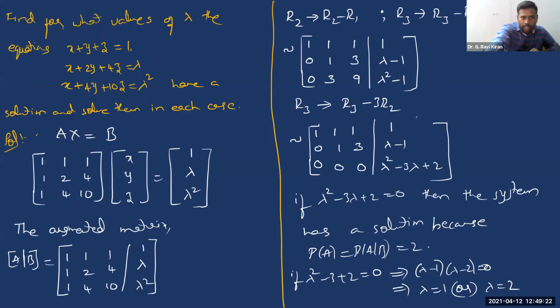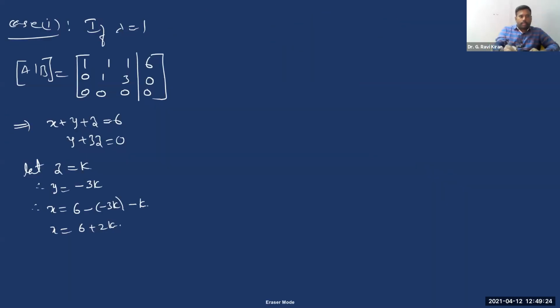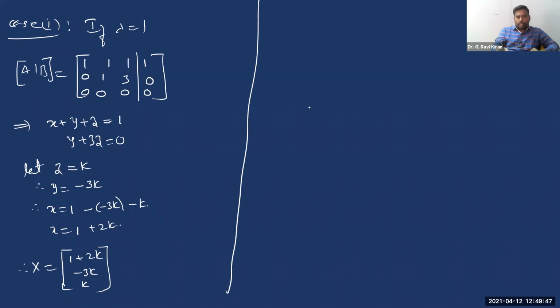Oh, I'm sorry, the last element in the first row is not 6, it is 1 actually. So since that is 1, we'll get x as 1 plus 2k. Finally, in this case the solution capital X is 1 plus 2k, y is minus 3k, and z is k. This is the solution in the case of lambda is equal to 1.